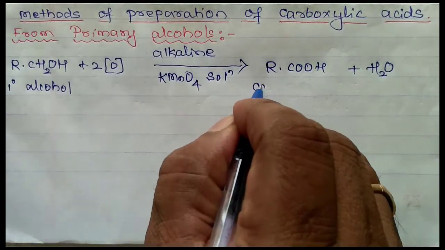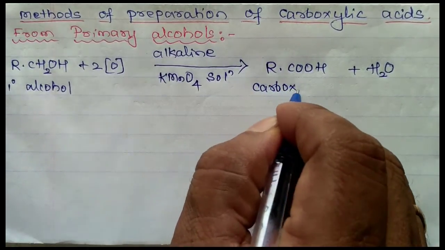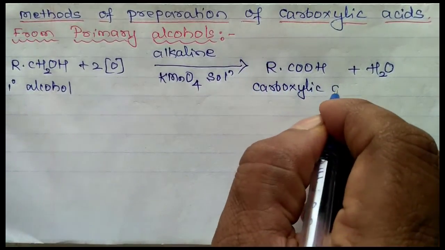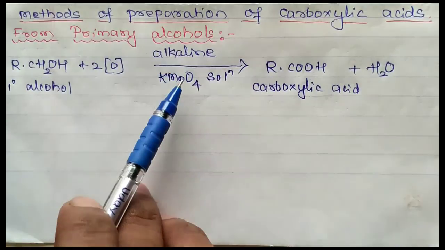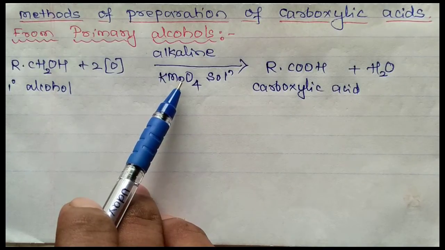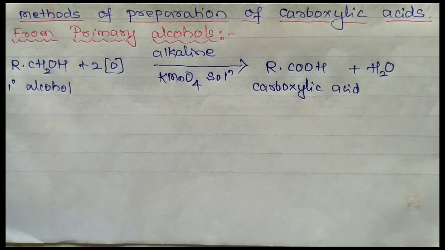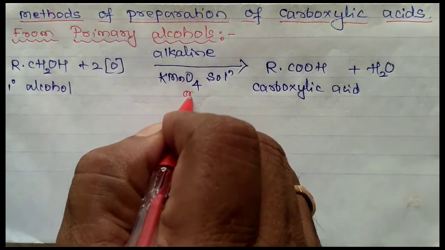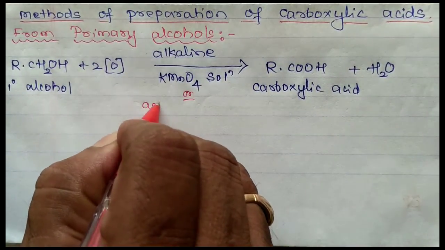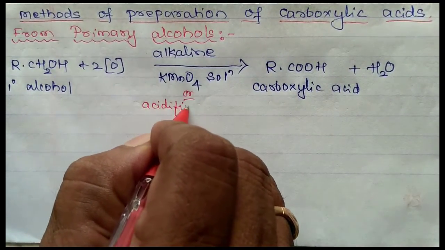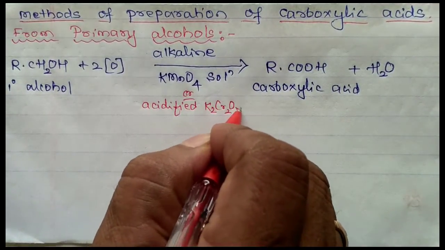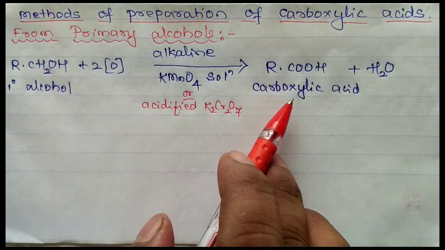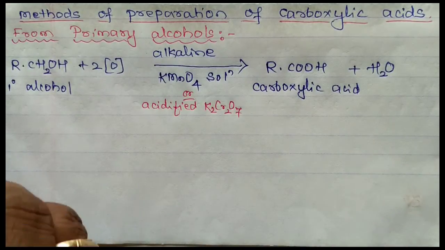This is the carboxylic acid. Primary alcohols on oxidation with either alkaline potassium permanganate solution or acidified potassium dichromate solution give carboxylic acids.